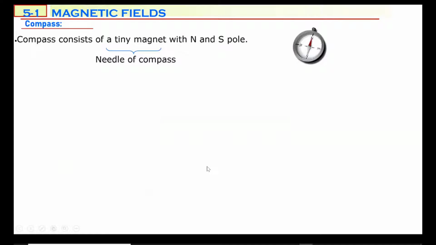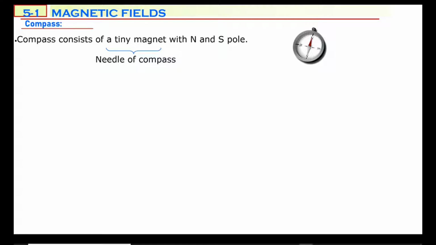Now I am going to define what a compass is. A compass, in fact, consists of a very tiny magnet, a very small magnet. That small thing is a magnet. Generally, the N pole of a magnet is polished red, and the S pole is generally polished blue or white.